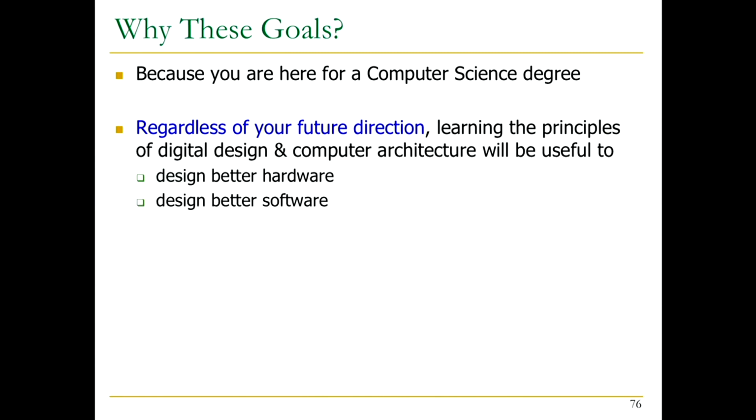Design better software, and I'll give you some more examples of this in a little bit, because if you understand what's going on underneath, you can design much better software. That's exactly why companies like Google are doing tensor processing units today. They're designing hardware so that their software runs much faster and much more efficiently. And they're going through all the pains to design the entire system around that. Design better systems, again, that's the reason why these companies are doing that.